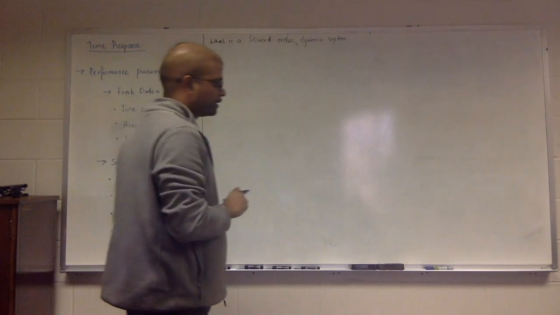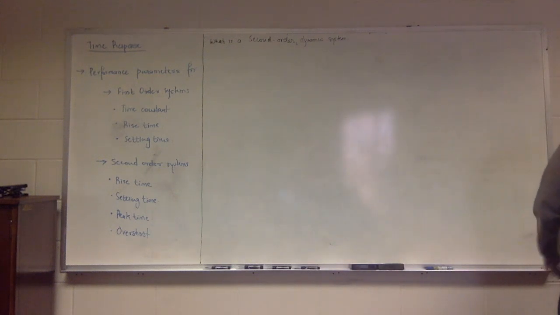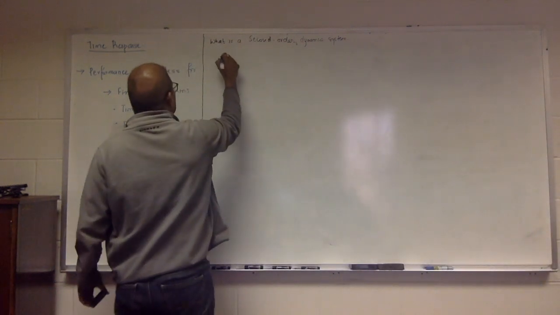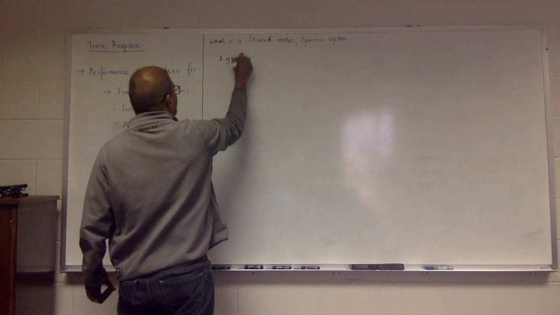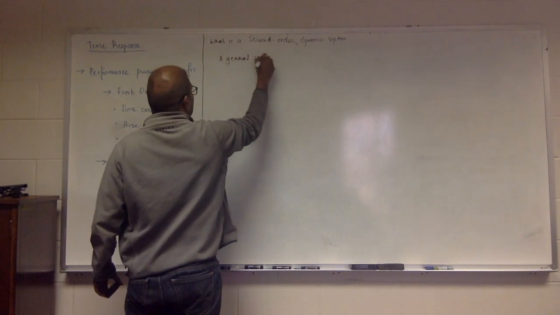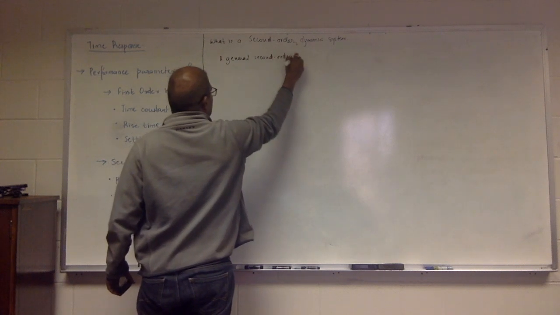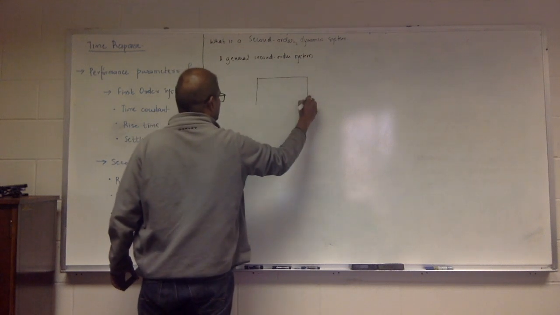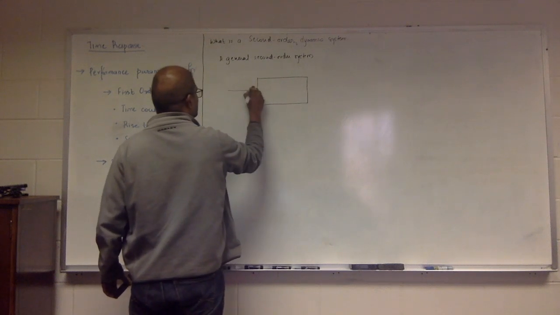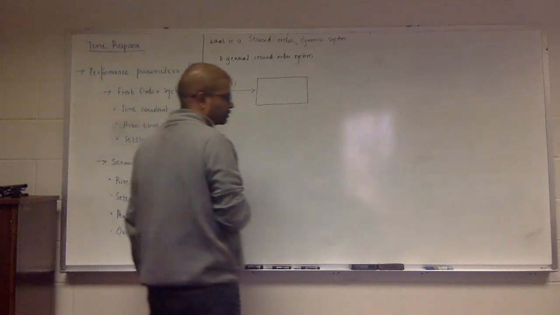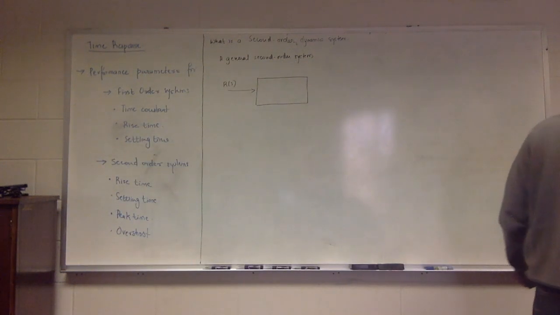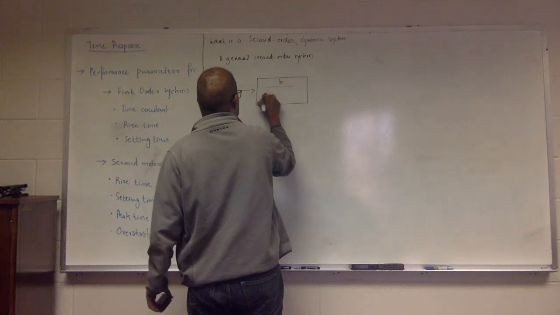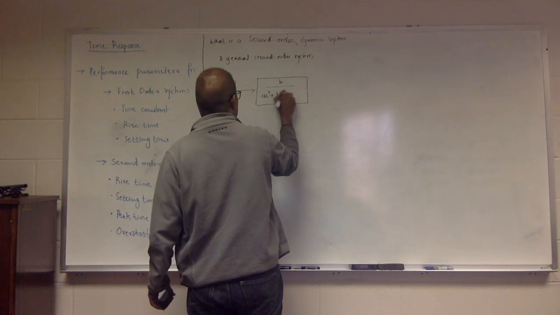So if you look at a general second order system, it is given by B over A s square plus B s plus C.